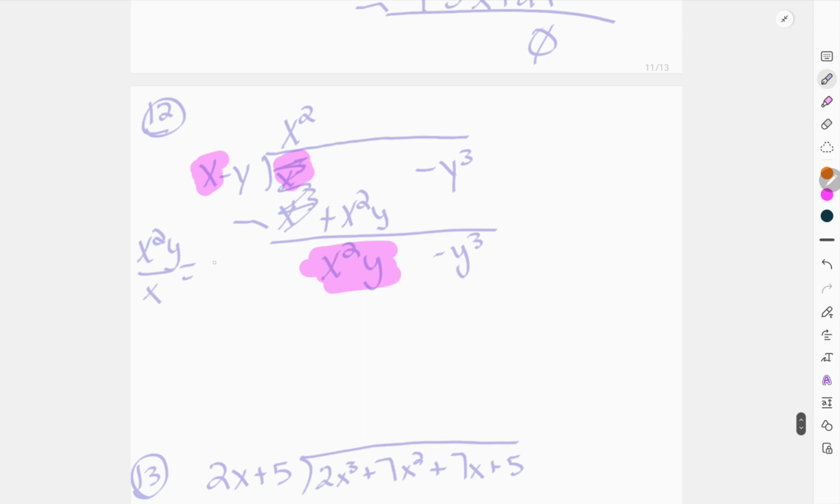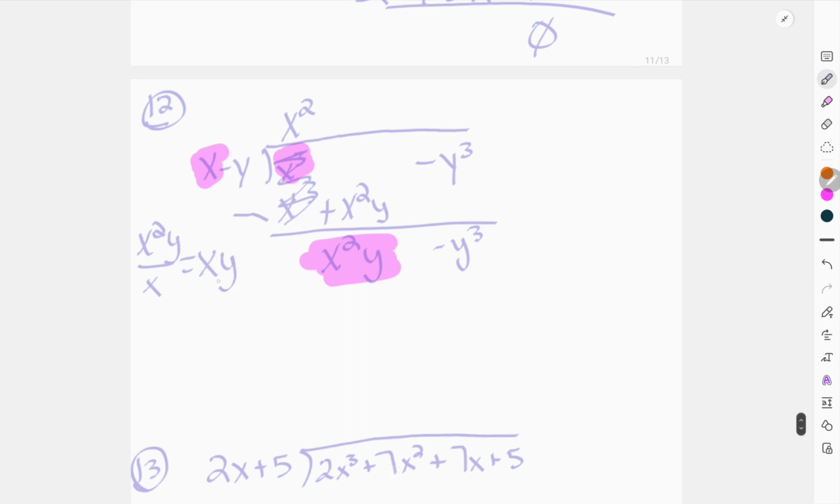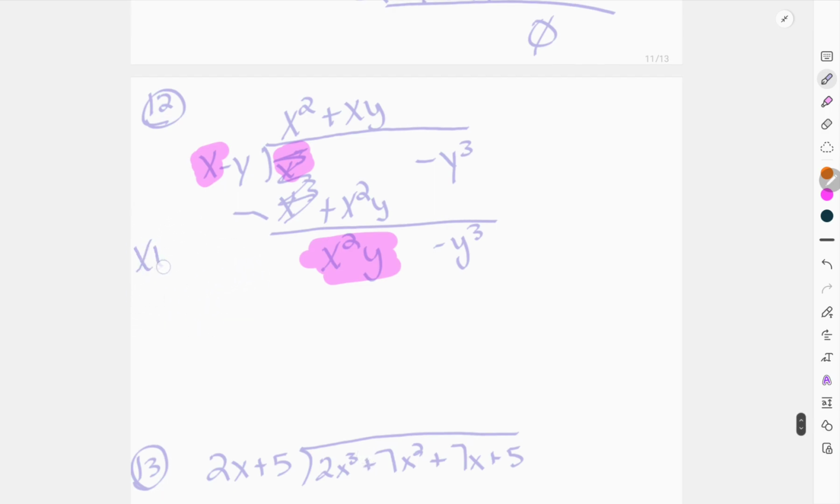So that x squared and that x is going to give me x, and then I don't have anything to divide with y, and it is positive. Okay, so I'm going to take that xy and multiply it by x minus y. Xy times x gives me x squared y.